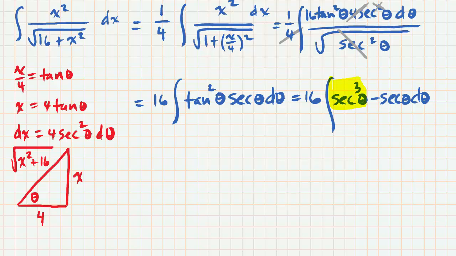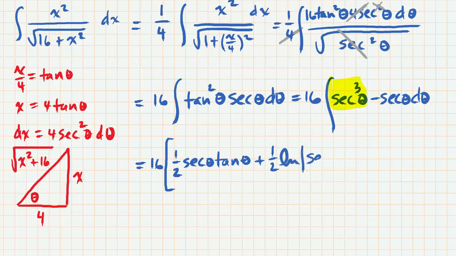So let's go ahead and write down the answer then. So that's going to be 16 multiplied by the integral of secant cubed, which will be 1/2 secant of theta tangent of theta plus 1/2 natural log absolute value secant plus tangent, minus the integral of secant.